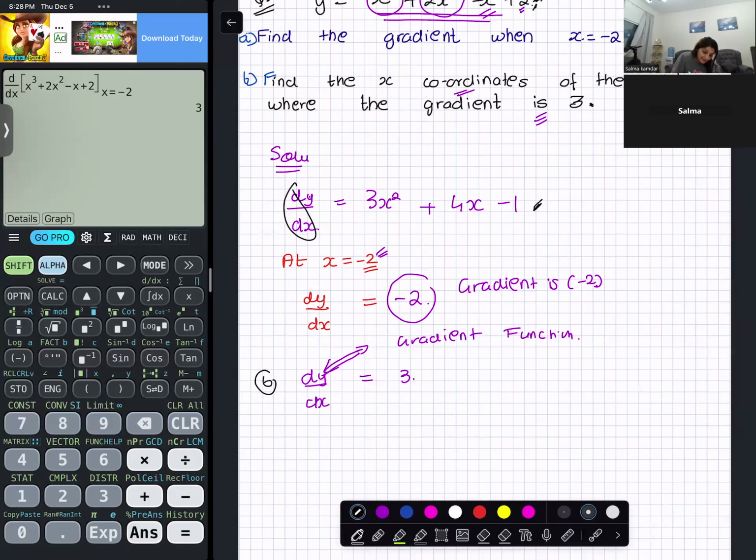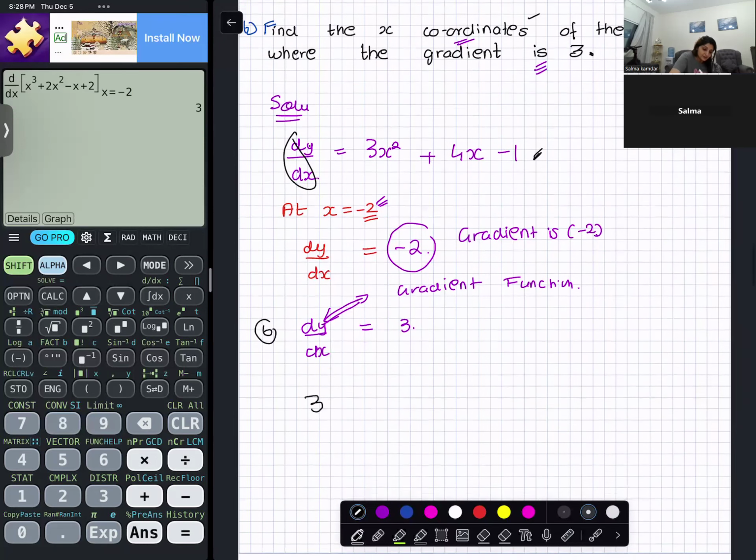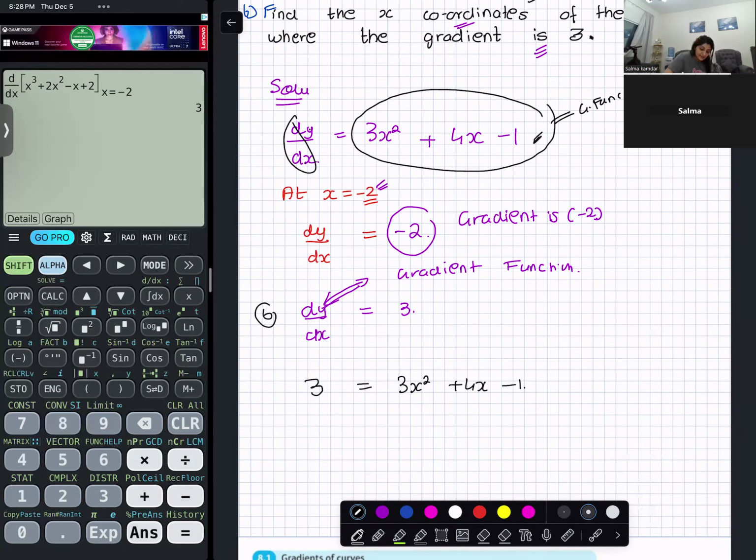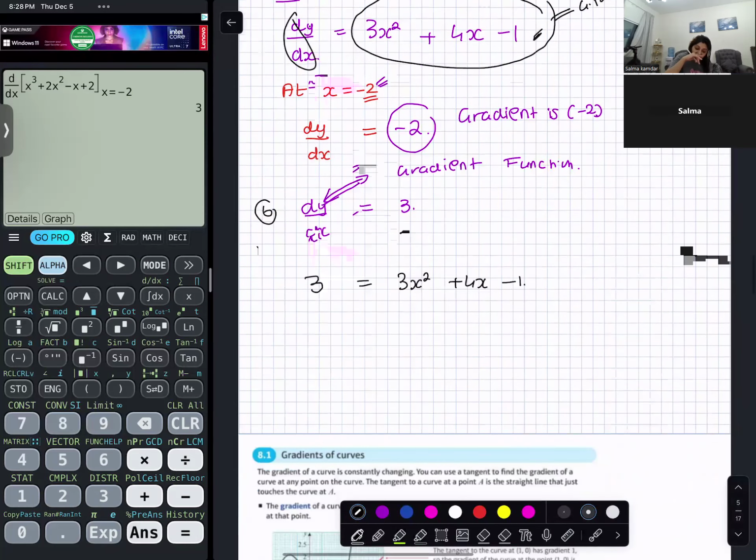That means dy by dx is 3 and I want to find the x coordinates. So I will use this. This was my gradient function. So this is 3. Now I just need to equate it and find the value of x.